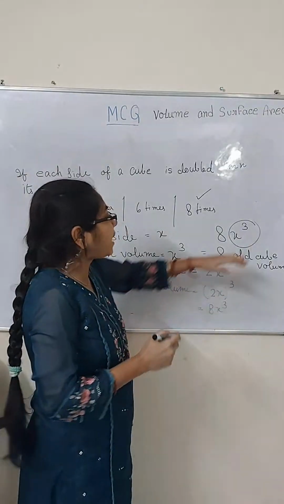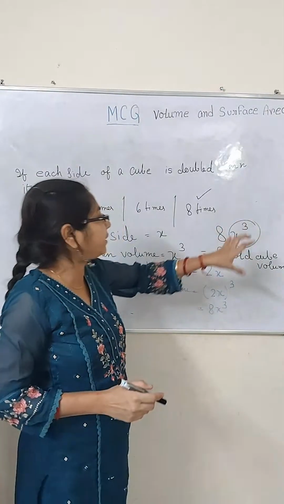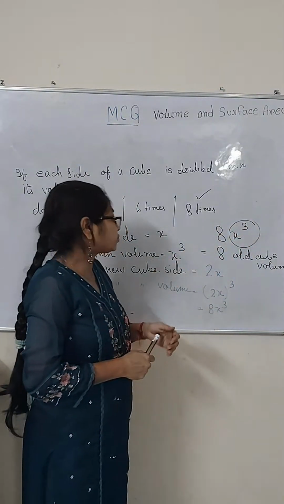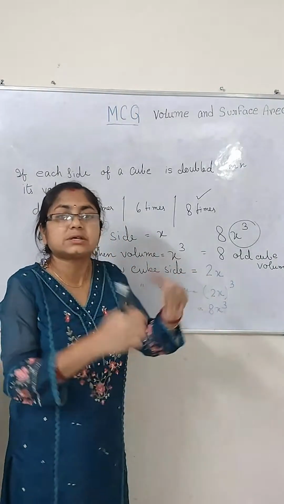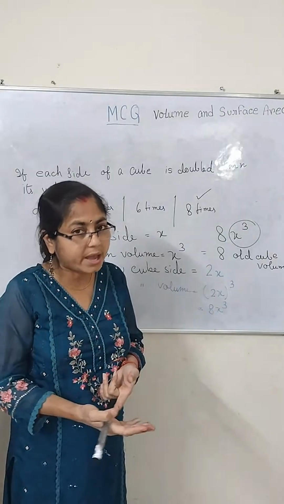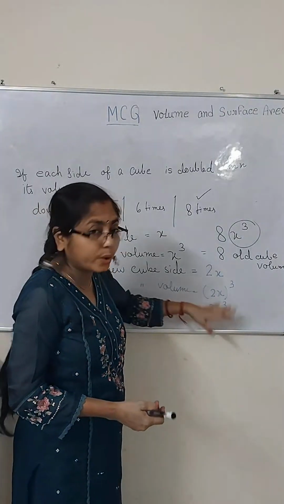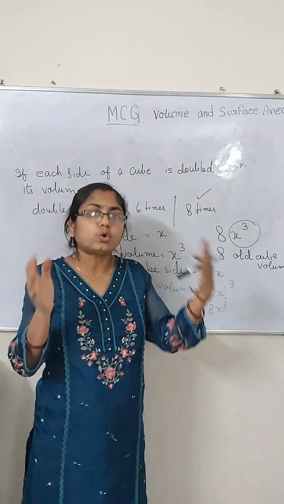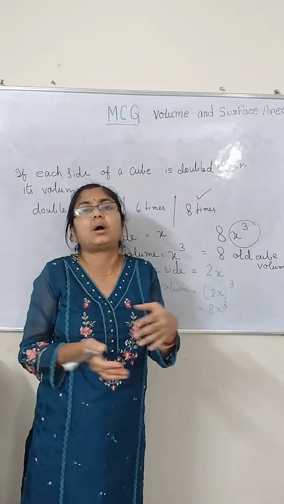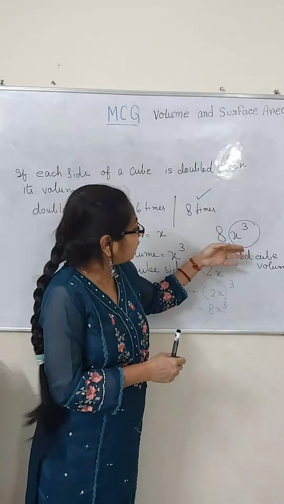One more time I tell this part. It is a little bit critical part. First, what I am doing, I find x and 2x because it becomes double, so it is 2x. Find out the value, it is 2x cube. I break 2x cube into two parts, one is numerical part and one is variable part.